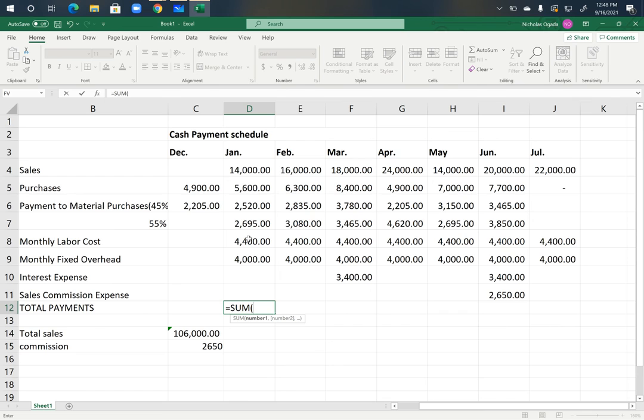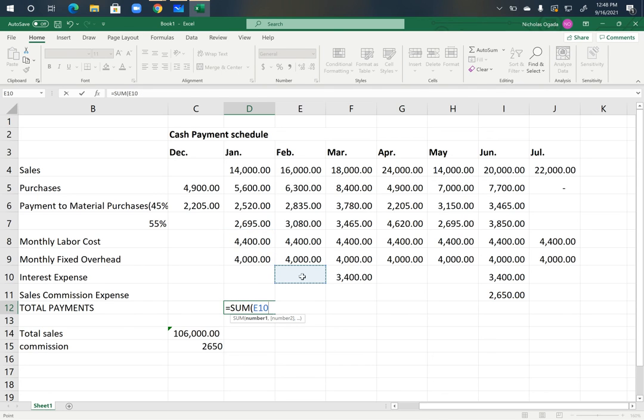I hope this makes sense. Again, simply, you take the labor, the overhead, the interest, and the sales commission, right? Of course, including the material.